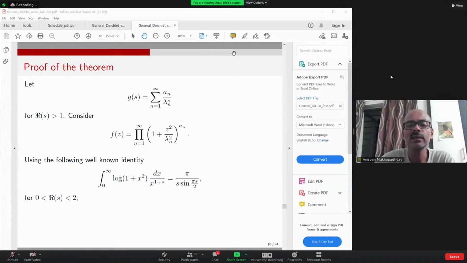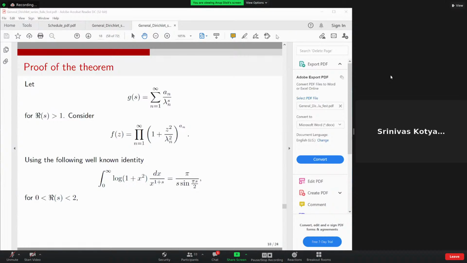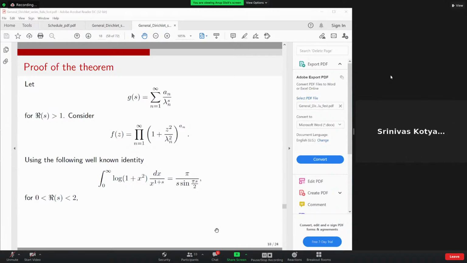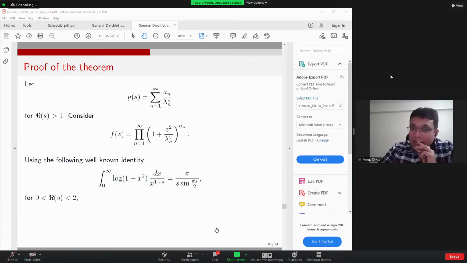Do you assume Euler product? No, there is no assumption on either Euler product or functional equation. Nothing is required. You were talking about partial zeta functions and things like that, right? Yes, partial zeta functions will immediately go through because they're just some functions.